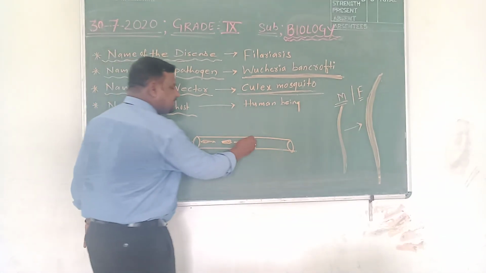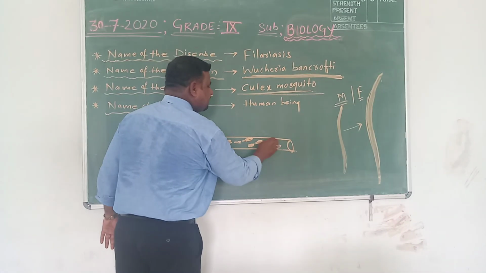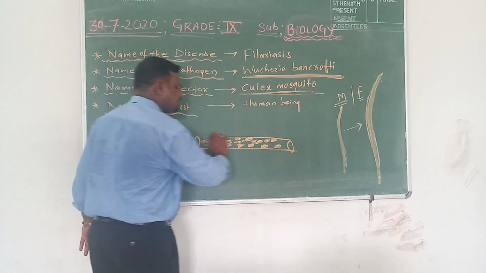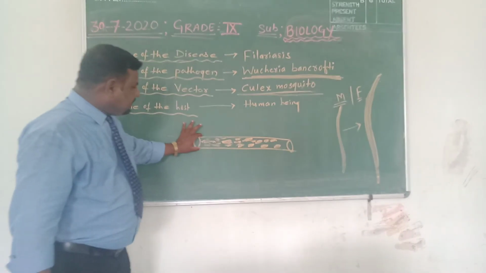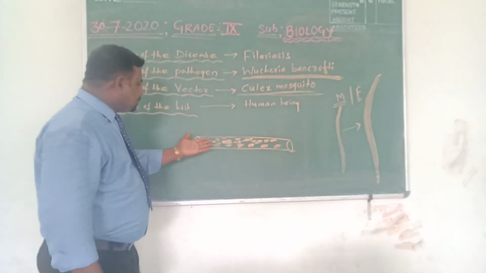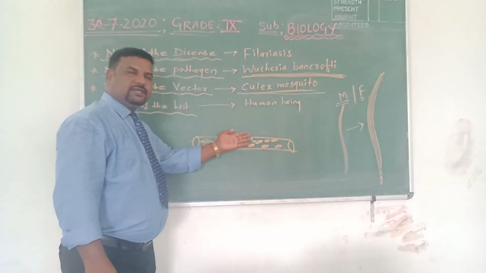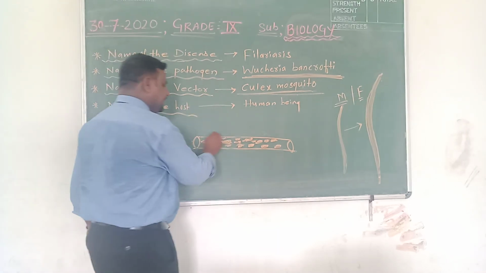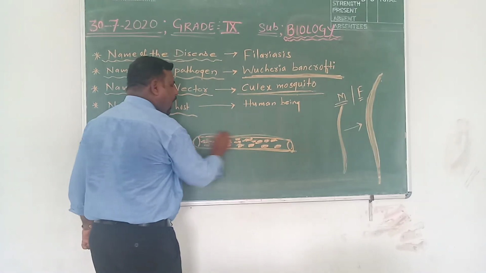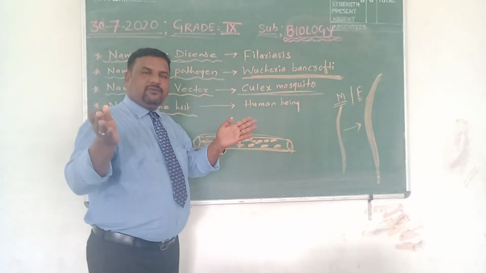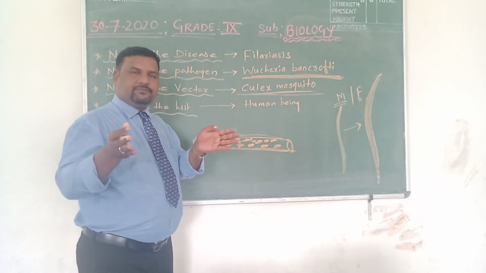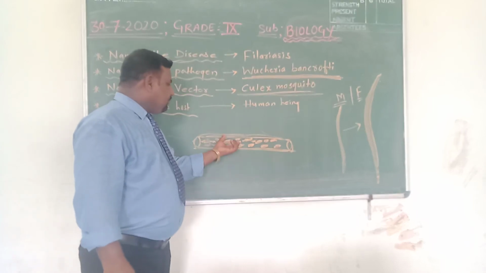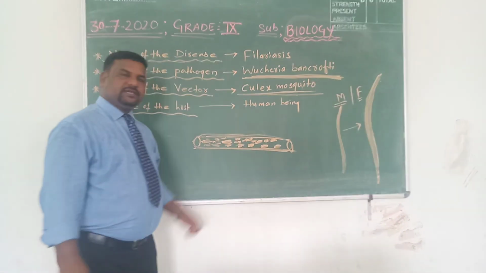Then, when they increase in number, what happens? It causes blockage. The inner diameter of this lymph vessel gets blocked due to the increased number of Wuchereria bancrofti, the pathogen of this Filariasis disease, and it results in blockage of lymph vessels. When these lymph vessels are blocked, limbs like hands or legs become enlarged.